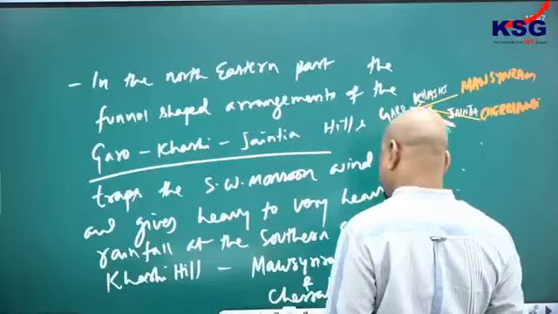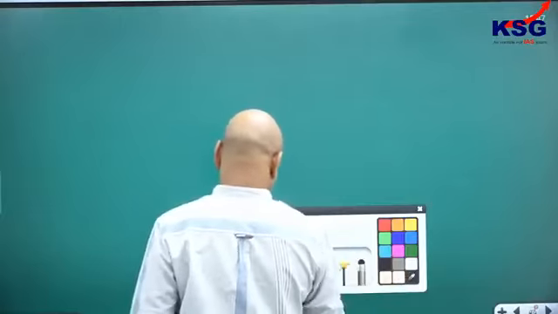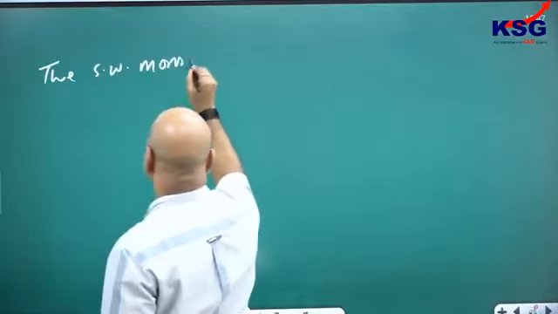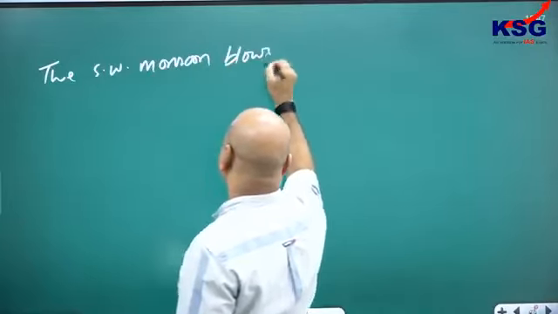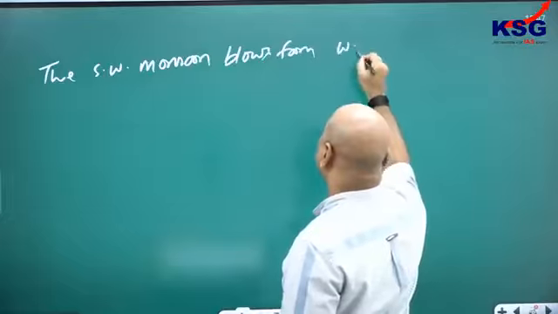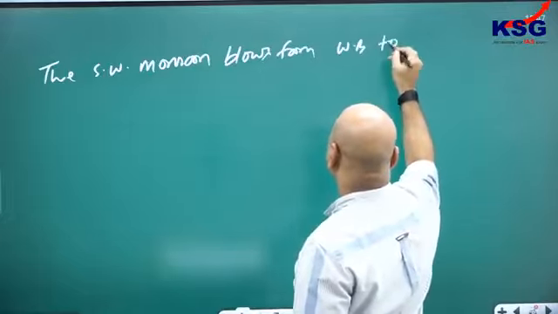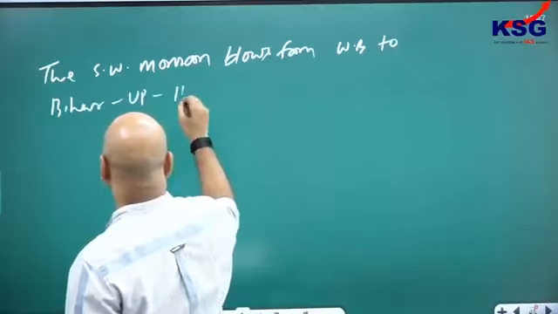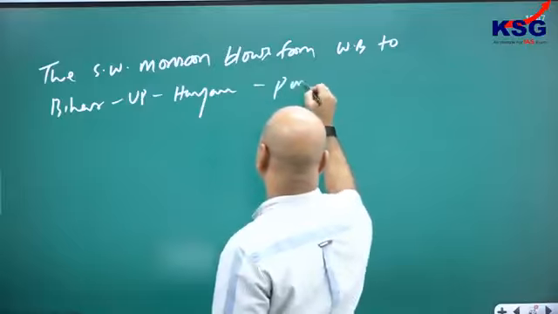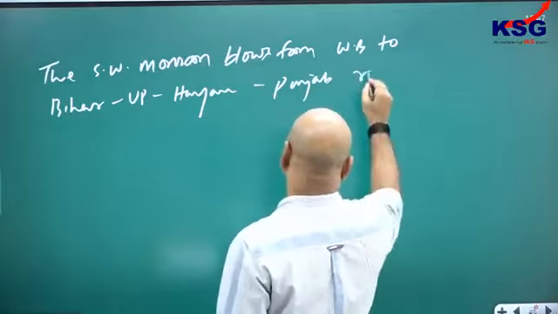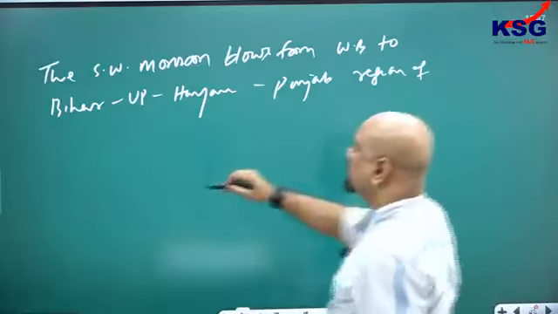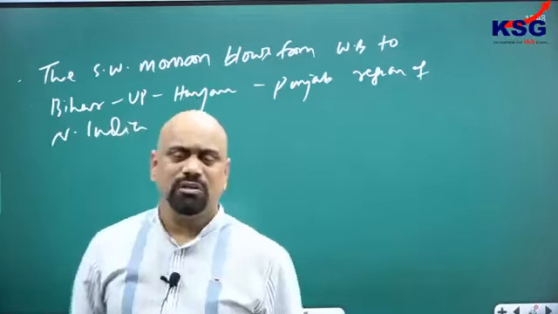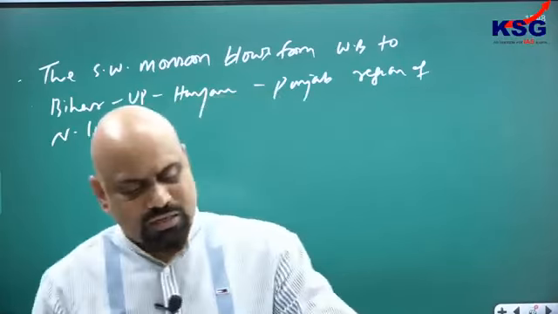So you can say here that the southwest monsoon blows from West Bengal to Bihar, UP, Haryana, Punjab regions of North India. Because it strikes over the Tarai region, they move upward, giving rainfall.